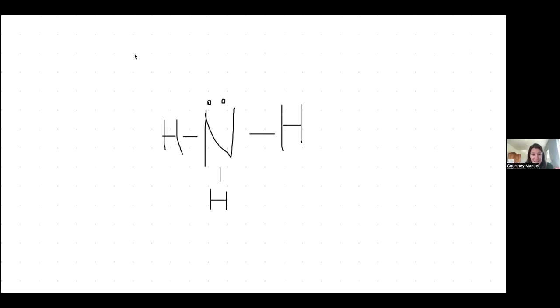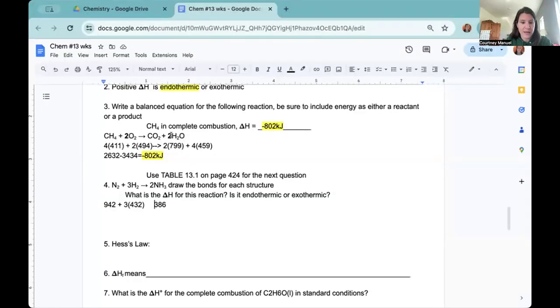But what we see is we have 1 to 3 bonds. We have 2 sets of 3 bonds, which means we have 6 of these things. That's a lot of bonds.